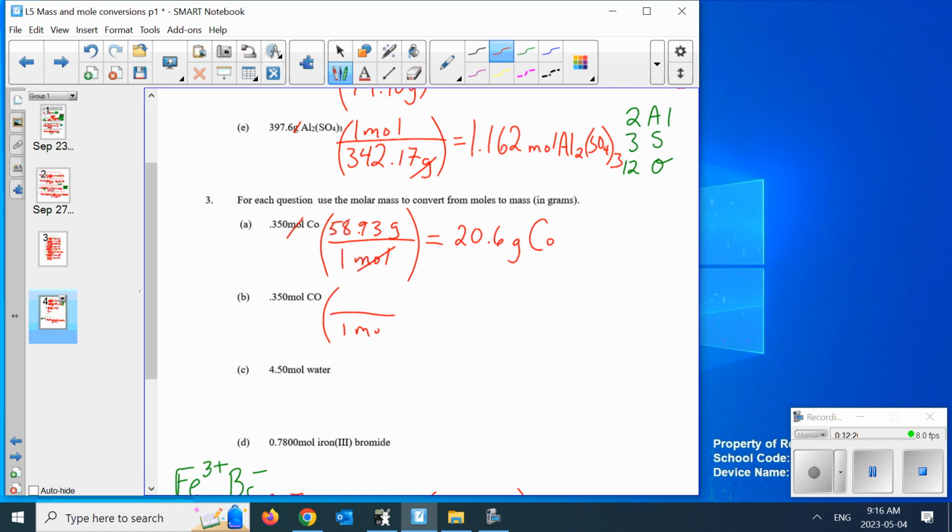Want to get rid of moles. The grams per 12.01 plus 16, 28.01. I multiply. I get 9.80. Water finally, we know that's H2O, so I'll just go with it.